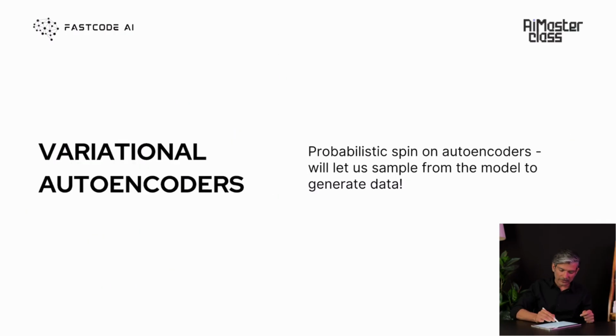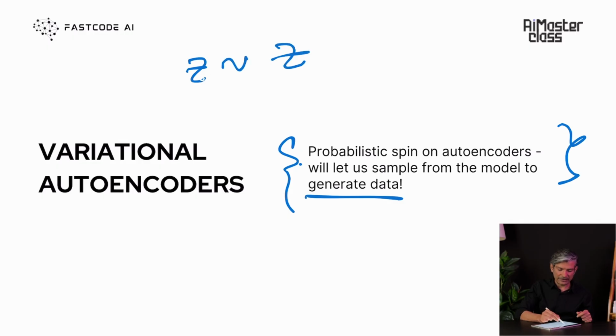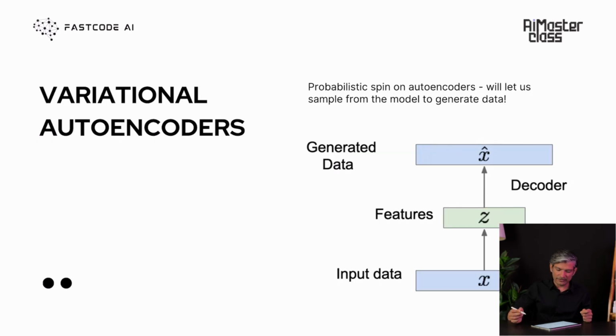To do this, we came up with the idea of the variational autoencoder, which is essentially a probabilistic spin on autoencoders, and basically it will let us sample from the model to generate data. It will tell us how you can sample different Zs from your Z distribution. And the idea is actually really simple.